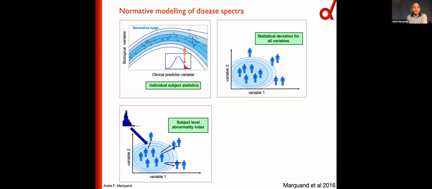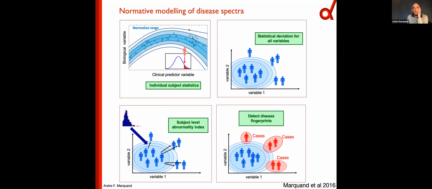We can derive some kind of atypicality score. There are a number of different methods to do that, but one that we use is extreme value statistics, so that we can then detect disease fingerprints. And the point is that while we may use this as a pre-processing approach for clustering, it doesn't necessarily assume that clusters exist in the data.